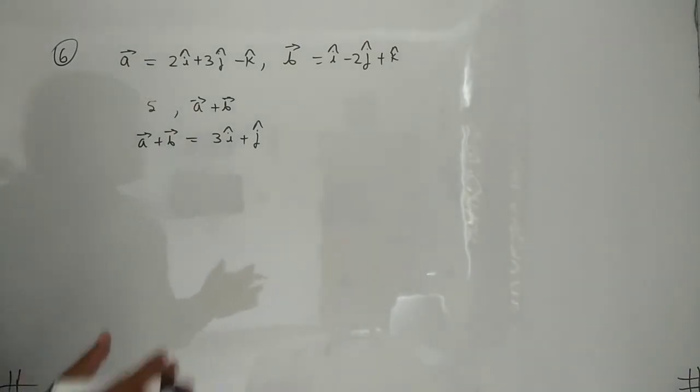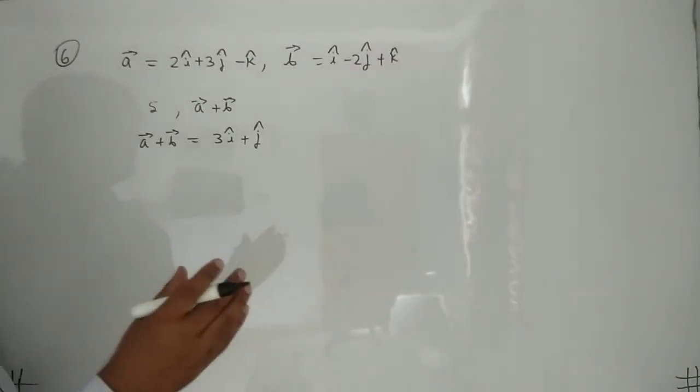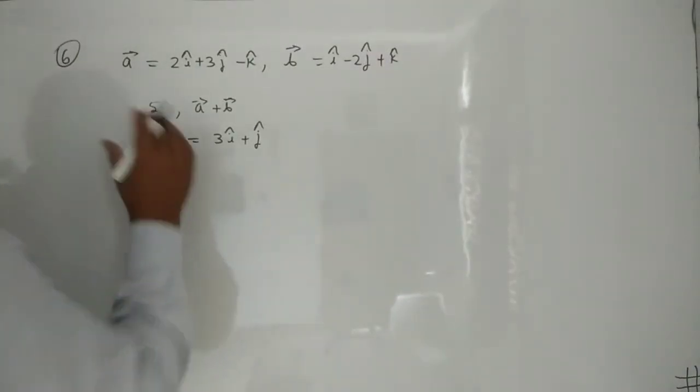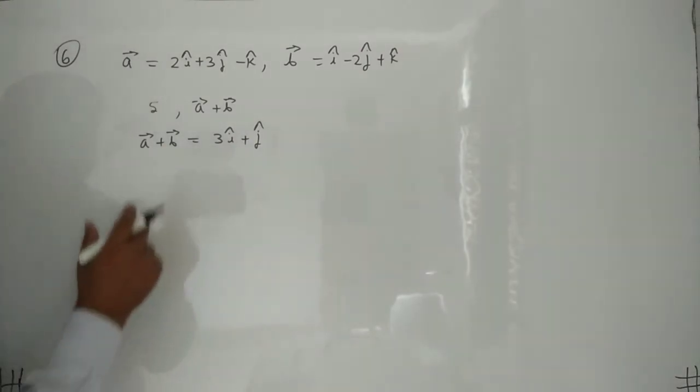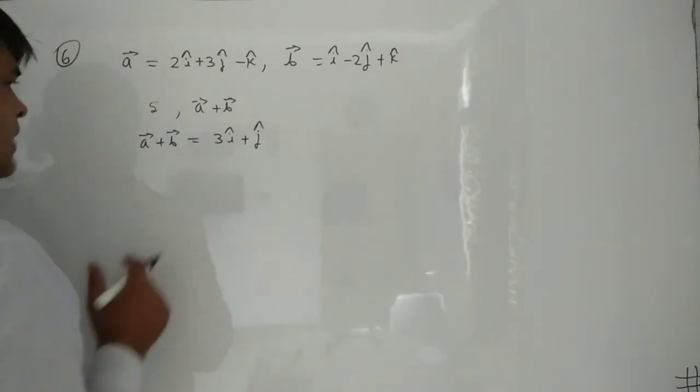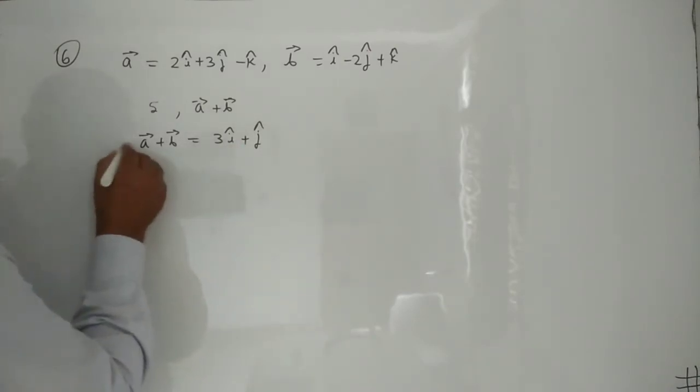In this case we are using the concept of multiplication of a vector by a scalar. When you multiply a vector by a scalar, its magnitude becomes that many times the quantity by which you are multiplying. So in this direction we have to first find the unit vector.